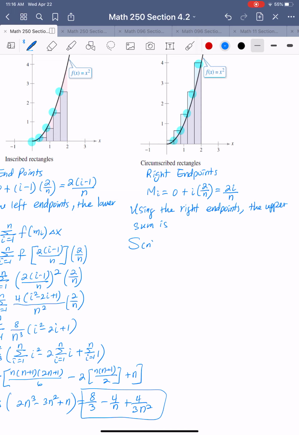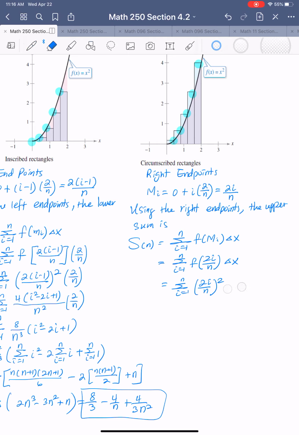S of n, uppercase, is the sum from i equals 1 to n of f of m i times delta x, where m i is 2i over n. If you plug it into the function x squared, you get 2i over n, squared, times delta x, which we know is 2 over n. This becomes the sum of 8 over n cubed times i squared.